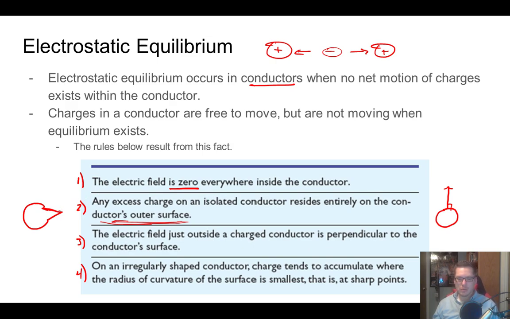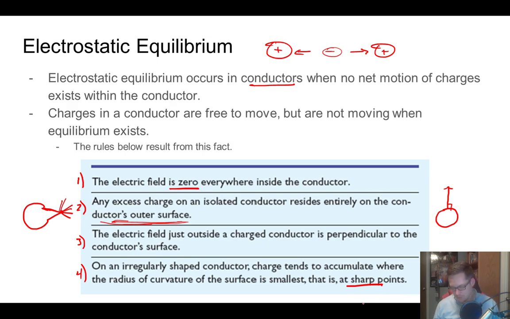Well, if we were going to draw perpendicular lines here, we'd have a lot more perpendicular lines right at this point, infinitely many more, because this is a point in space, so we can have infinite perpendicular lines coming off that point. So essentially, whenever you have a sharp point, you'll have an excess amount of charge.